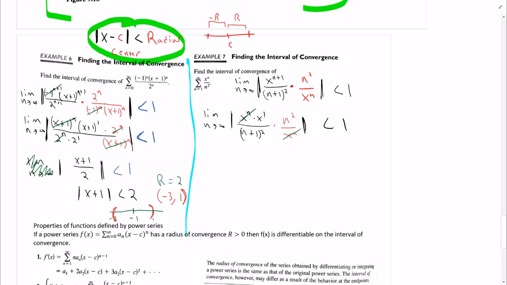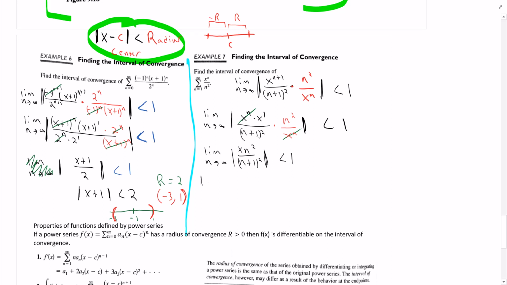The x to the n's cancel, and we're left with the limit as n goes to infinity of the absolute value of x n squared over (n plus 1) squared. Trying to figure out when is this less than 1.